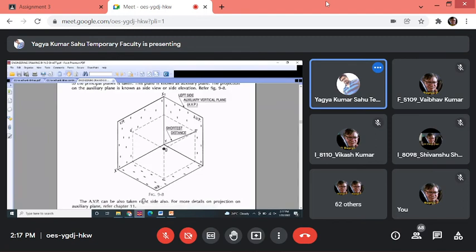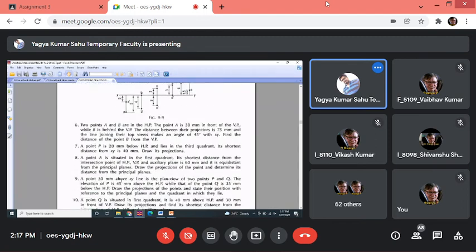Let us see another example, given in this book. You can see question number 7. A point P is 20 mm below HP and lies in the third quadrant. Means, what about the distance from vertical plane?